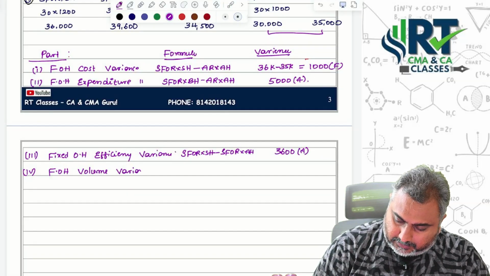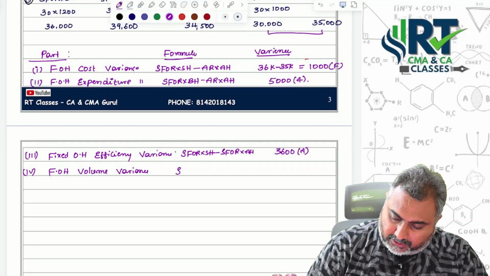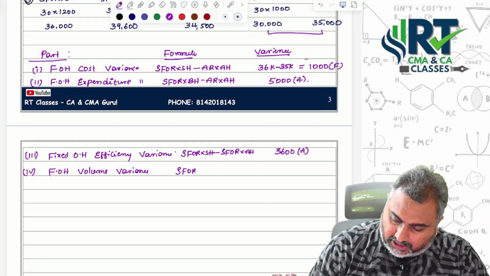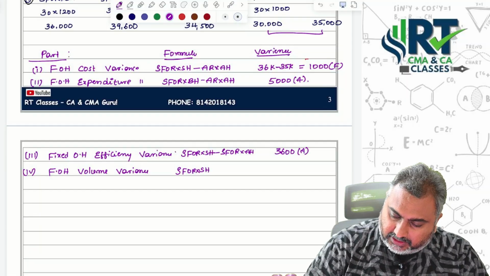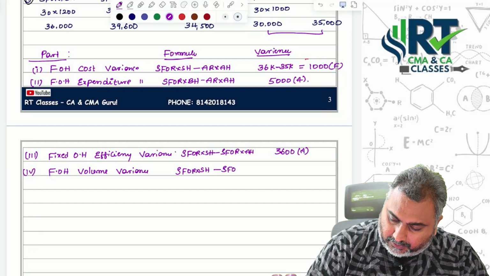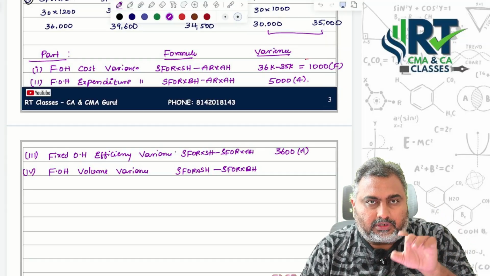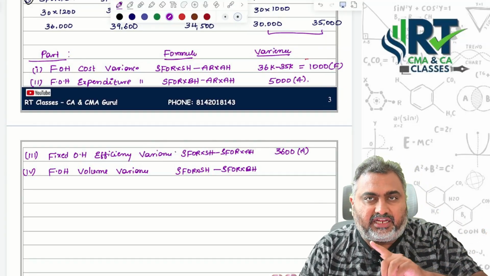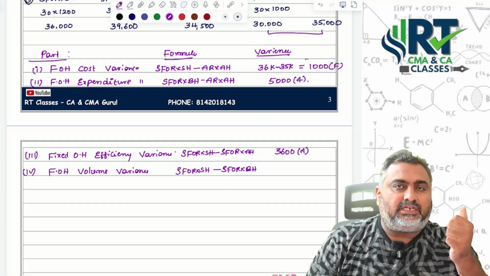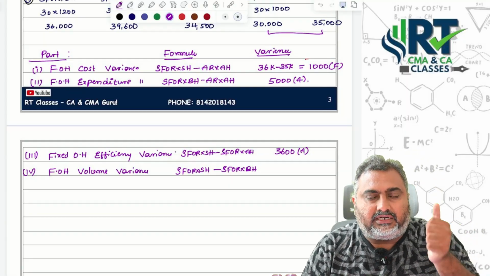Next, fourth one, fixed overhead volume variance. What is the formula? SFOR into SH minus SFOR into BH. Because volume means output, comparing the budgeted hours with the outputs is the reason for the computation of standard hours.